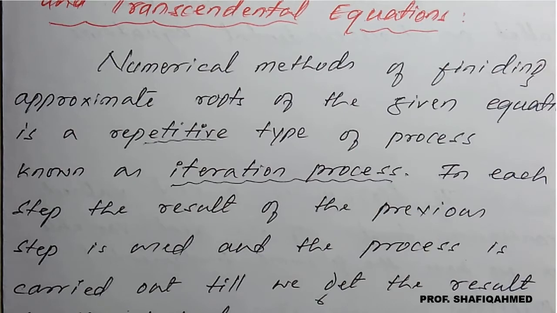In that method you got the first eigenvalue and first eigenvector, but we repeated until we got an approximate eigenvalue and eigenvector. Almost you have done 4 to 5 iterations. That iteration process is nothing but a repetitive process, and we apply it to get an approximate result.